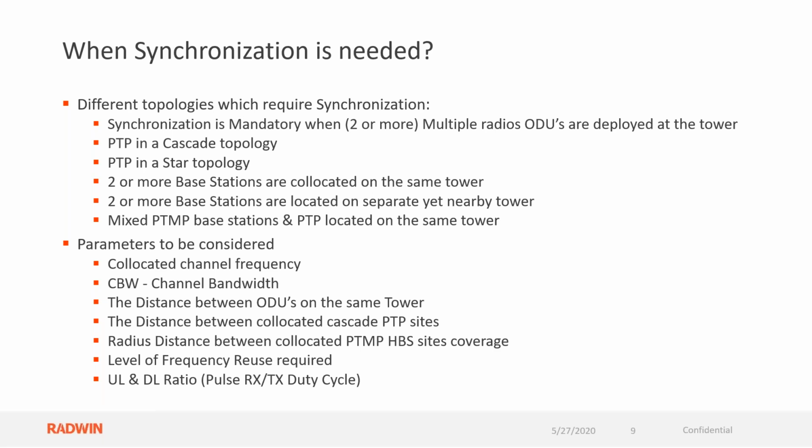The fourth is two or more base stations that are located on separate nearby towers. It means that we have a full deployment of point-to-multipoint. We have 360 degrees on each tower, and we need to synchronize all the base stations in a neighborhood or in a city to the same clock.